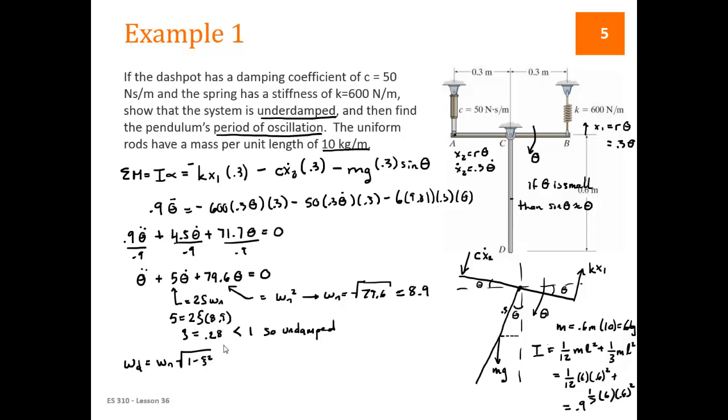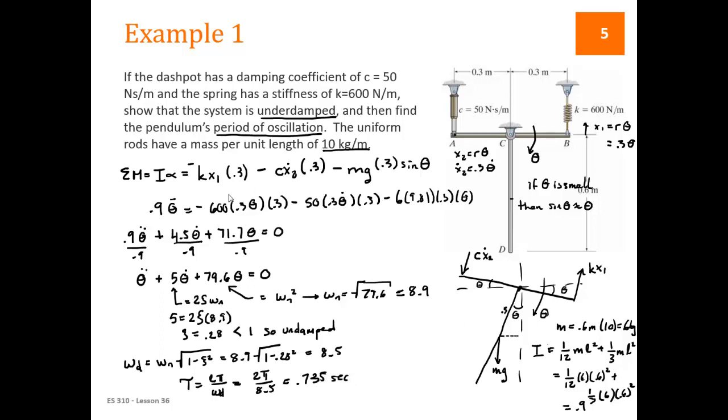And if you plug those numbers in, we get 8.9 times the square root of 1 minus 0.28 squared, which is equal to 8.5, so slightly smaller than the natural frequency. And the period then is 2 pi divided by the damped natural frequency. 2 pi divided by 8.5 gives us 0.735 seconds as a period.